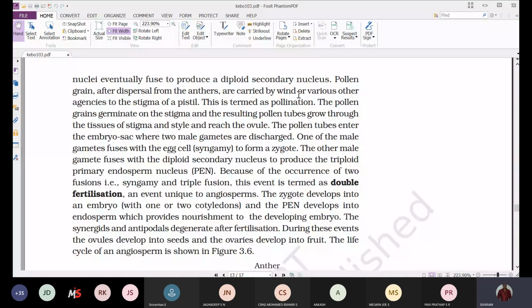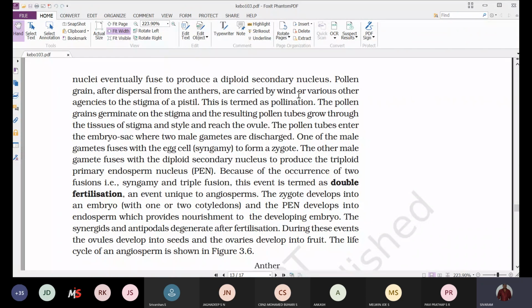The pollen grain germinates on the stigma and the resulting pollen tube grows through the tissues of the stigma and style and reaches the ovule. Gradually this pollen tube, produced from the pollen grain on the stigma, passes through the stigma, enters the style, passes through the style, and reaches the ovary.